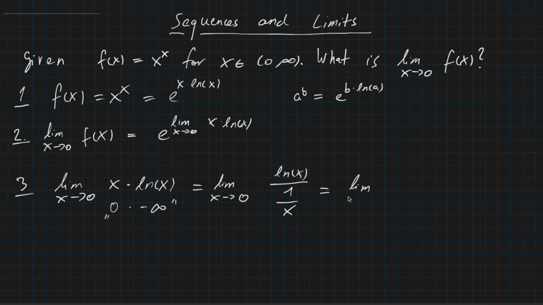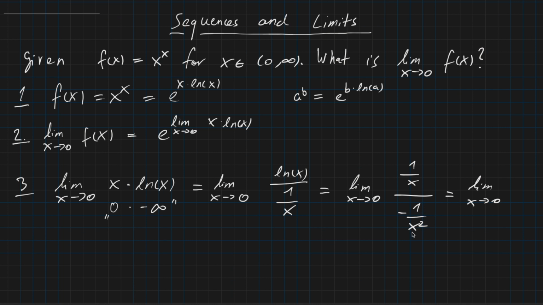So x tends to 0 again, and then the derivative of ln x is 1 over x, and the derivative of 1 over x is minus 1 over x to the power of 2. And we can simplify this further.